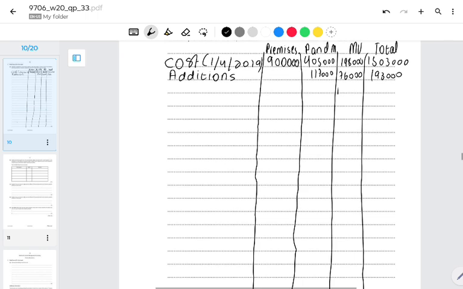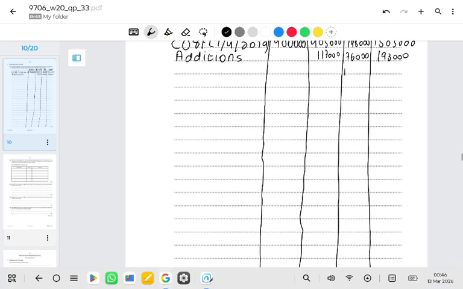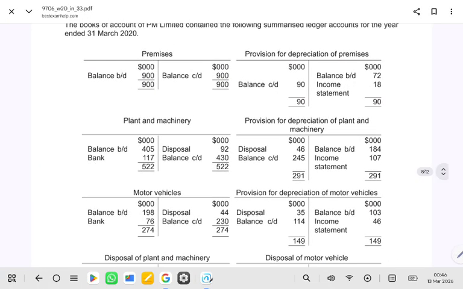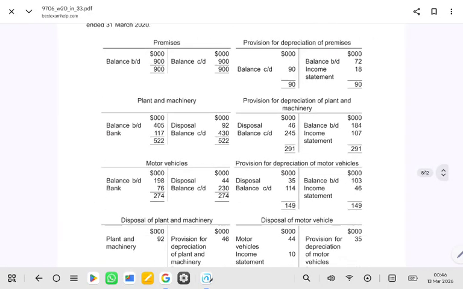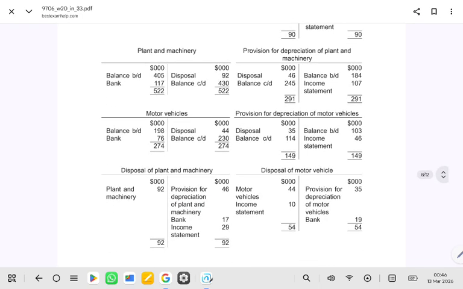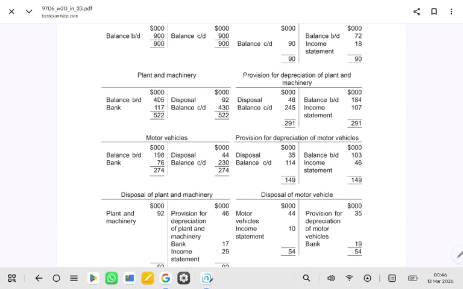Okay. Now will come the disposals. So we have disposals for plant and machinery and motor vehicles. Here we need to do a little bit of calculations.